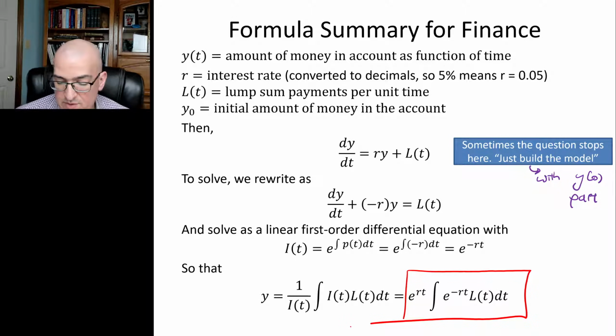Every single time we do one of these, our amount of money in the account is going to be e to the rt times the integral of e to negative rt times our deposit term. And you'll find this formula in some finance textbooks. And they'll say it can be derived using calculus, and that's what we just did. We just derived one of the important finance formulas using calculus.